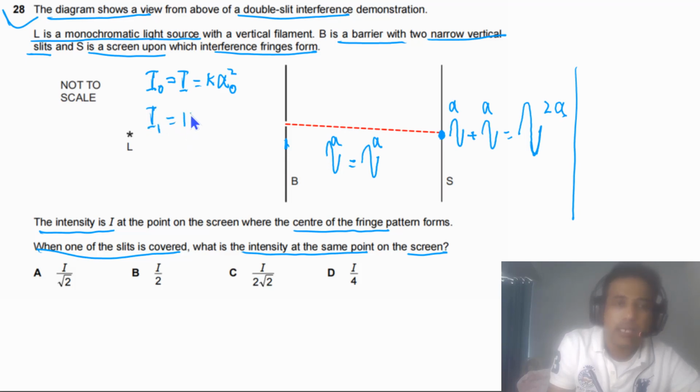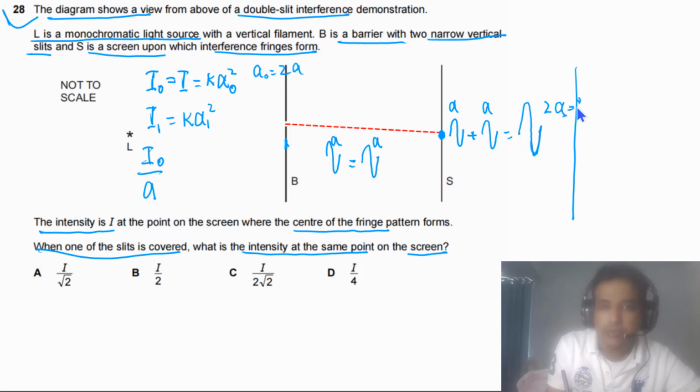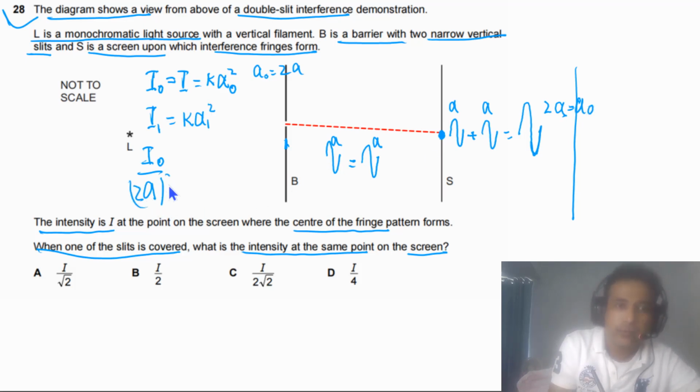This intensity also has to be equal to K times A1 square. In this case, we can also write that I1 over I naught equals A square over A naught square. A naught, we need to understand, is equal to 2A. So this is (2A) square. This one has to be equal to I1 divided by the amplitude of this, meaning A square.